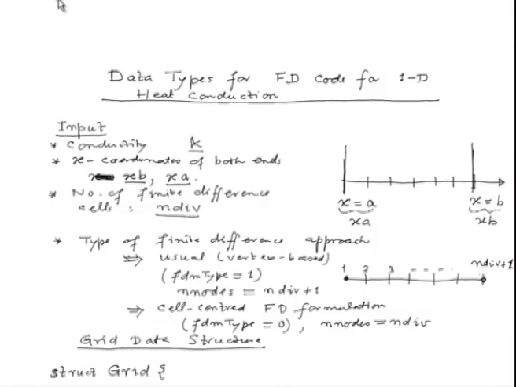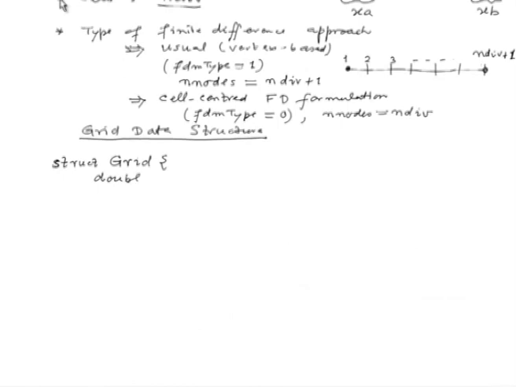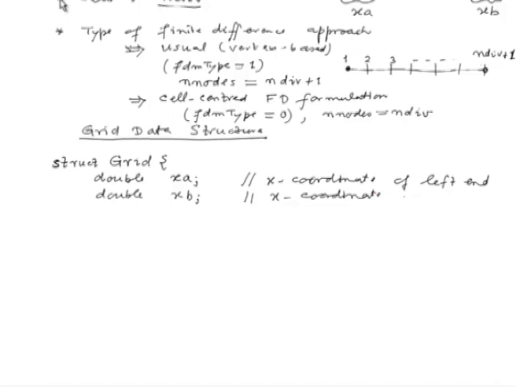Now, what are the elements of the grid? First, the two endpoint coordinates, so double XA, this is x coordinate of left end, double XB, this is x coordinate of right end.